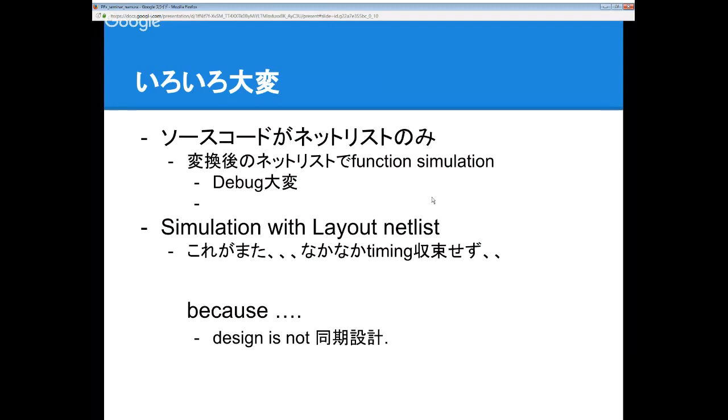Then they gave back the laid-out netlist to me. Then I did a simulation with the laid-out data that had delay information.